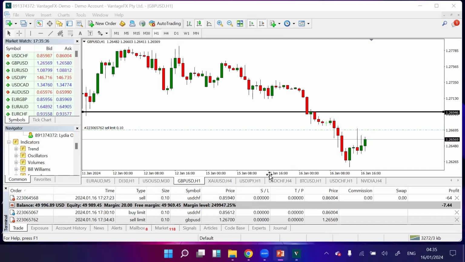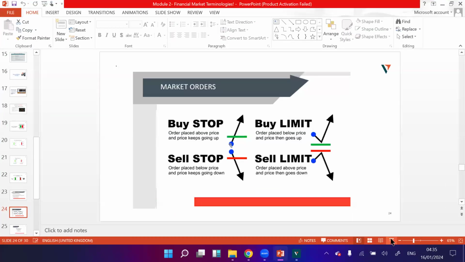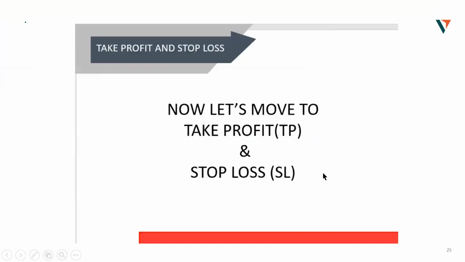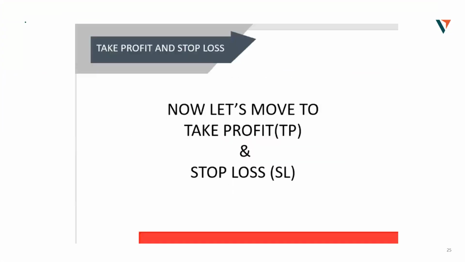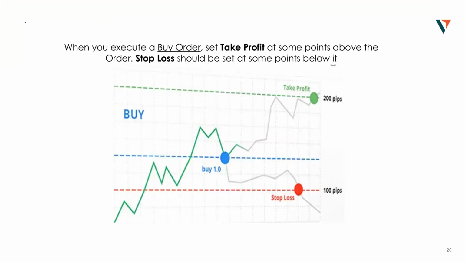Now let's look at something briefly here. Let's look at take profit and stop loss. We'll discuss this more in another class where we talk about money management, but this is just to help us with exits. When you enter a trade, be it a buy trade or a sell trade, there are two possibilities.